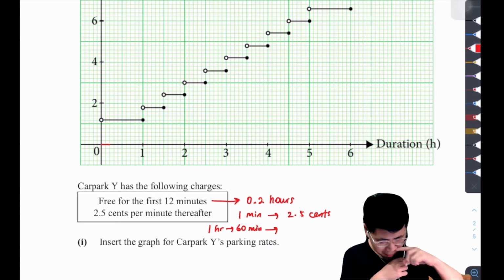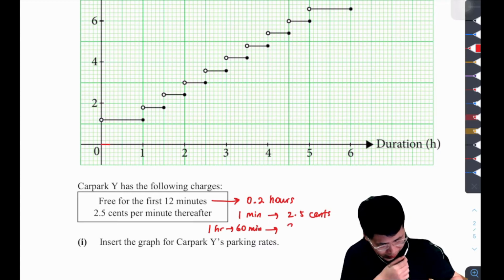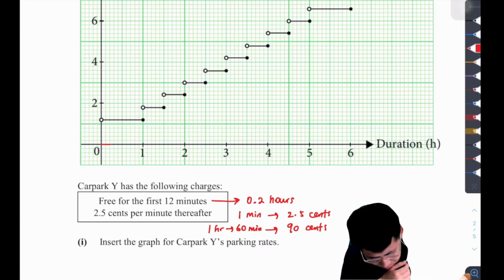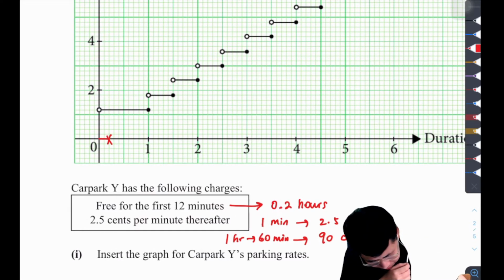So let us multiply this by 60 and we get 90 cents. After this point, the next hour is going to be 1.2 hours, and it raises by 90 cents. So we plot somewhere over here, like this.